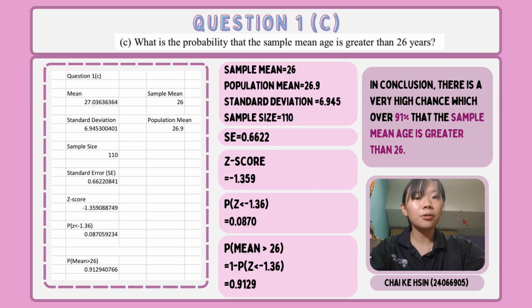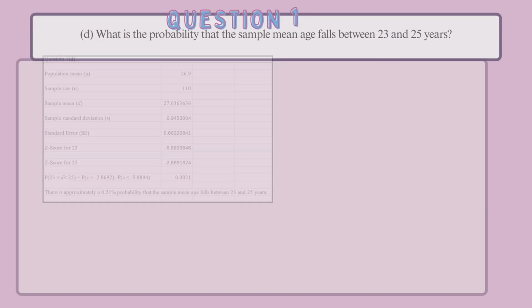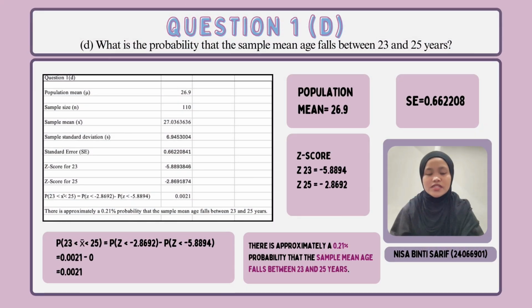So, the final probability is 1 minus 0.0870, which equals 0.9129, or 91.29%. In conclusion, there is a very high chance, over 91%, that the sample mean age is greater than 26. Thank you.